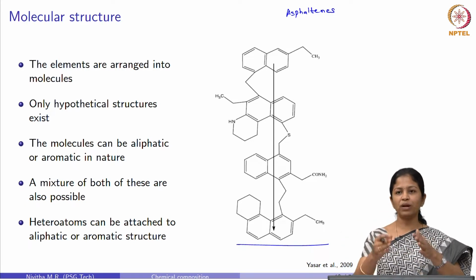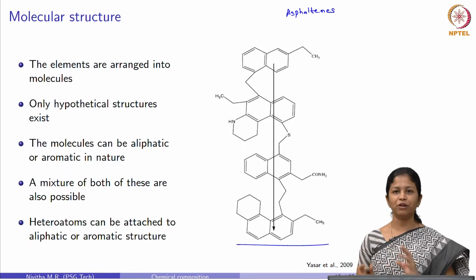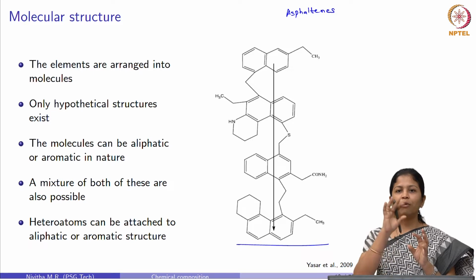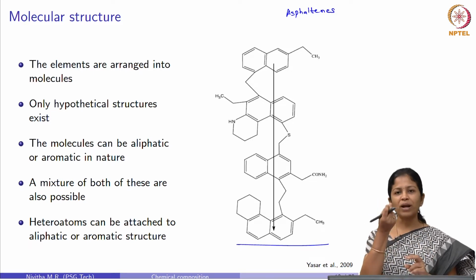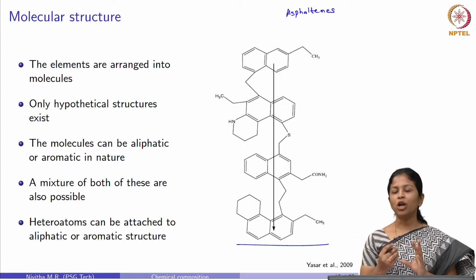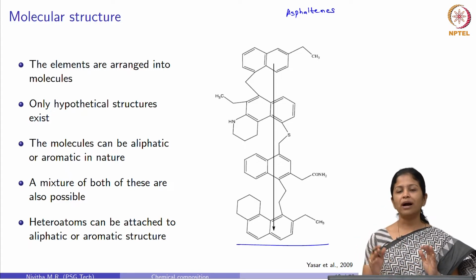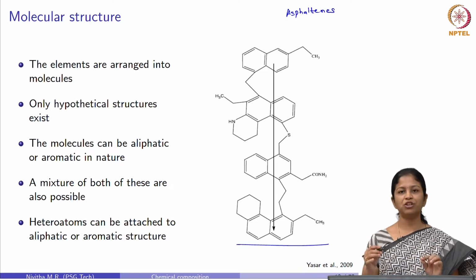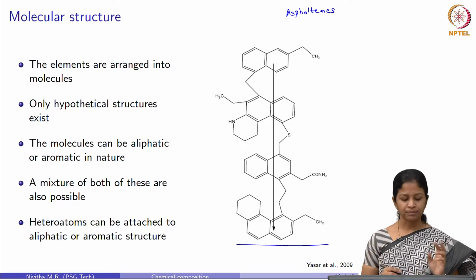If I divide it into a number of fractions, this is one of the components. So, people try to propose what the molecular structure of one molecule of asphaltene will be. As far as molecular structure is concerned, only hypothetical structures exist. People say that this can be the possible structure of an asphaltene molecule.